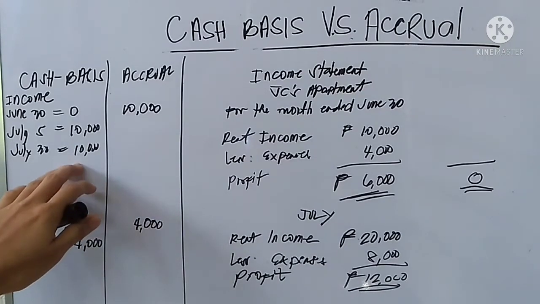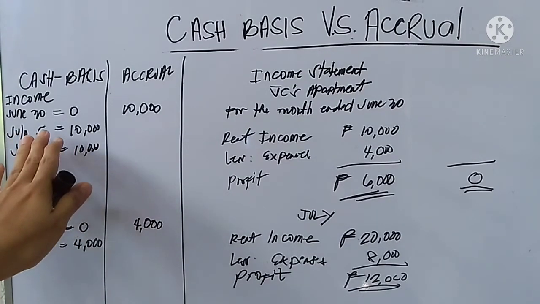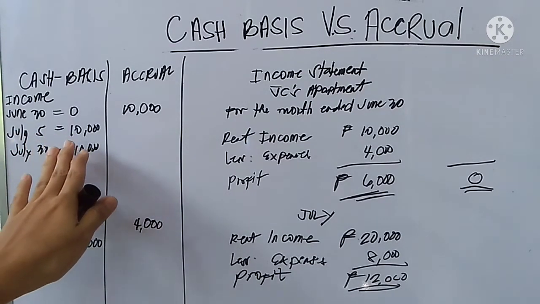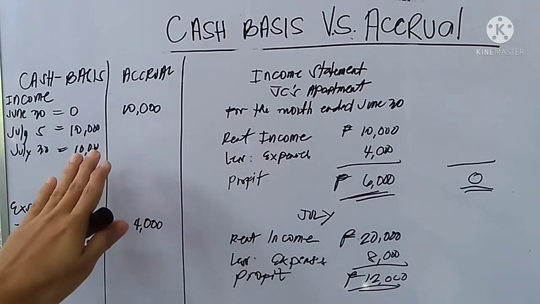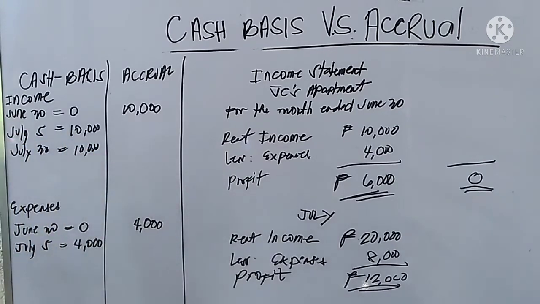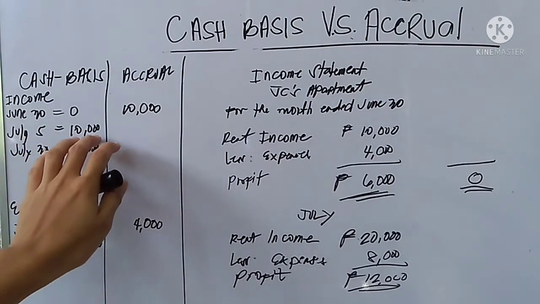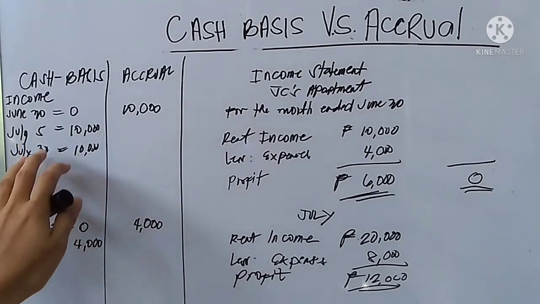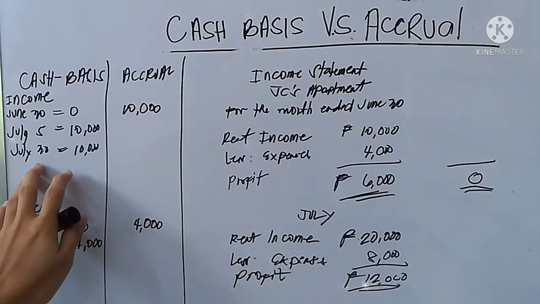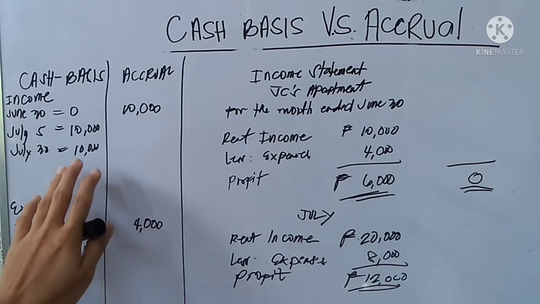So, by July 5, 'di ba, nakatanggap ka ng bayad ni tenant A for the month of June. Dapat for the month of June na kanyang rent. So, nagre-record ka ng 10,000 pesos, 'di ba? So, by July 5. And then, let's say na by July 30, nagbayad rin si tenant A sa tamang oras.